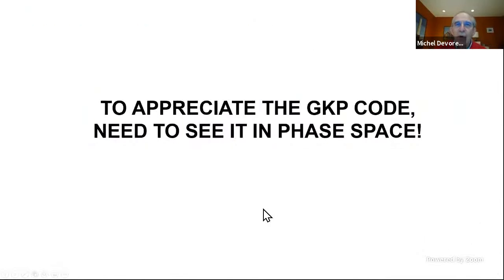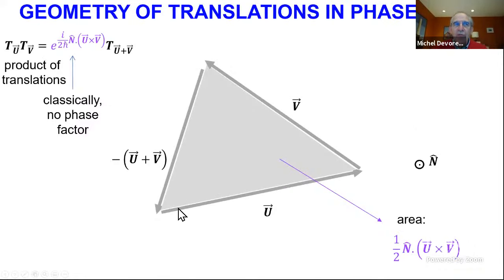There's one problem, which is, how do you create these states? And this is where we have to go in phase space again. So instead of looking at the wave functions either along the Q or the P coordinate, let's look at them in phase space. And in phase space, I have to introduce this crucial notion of geometry of translations.